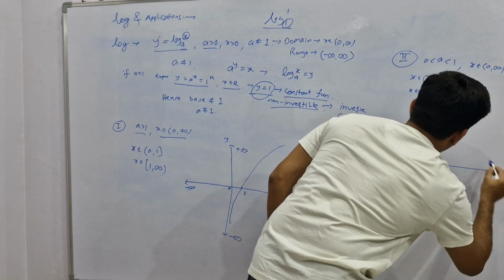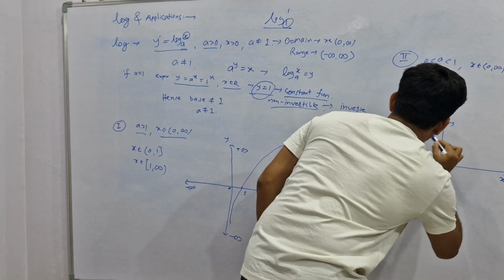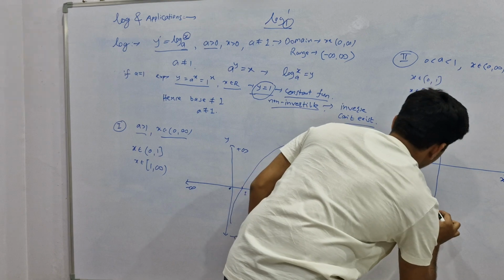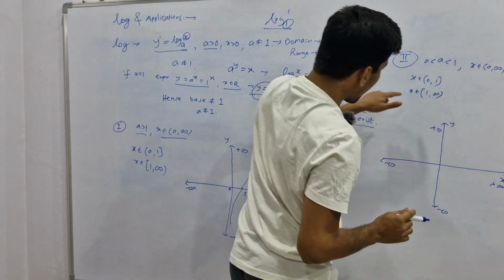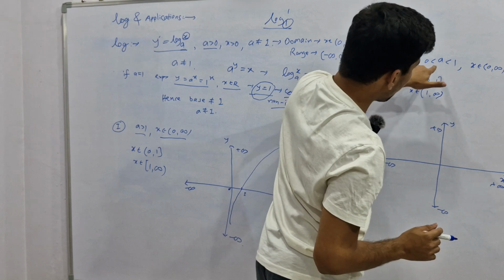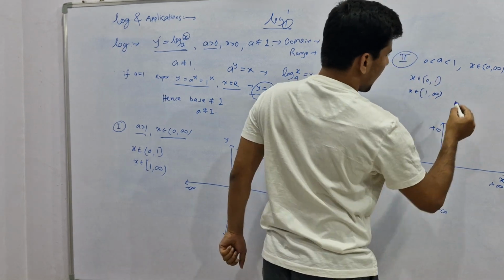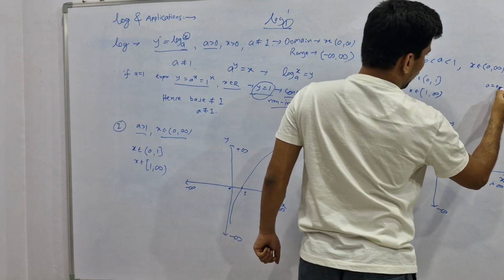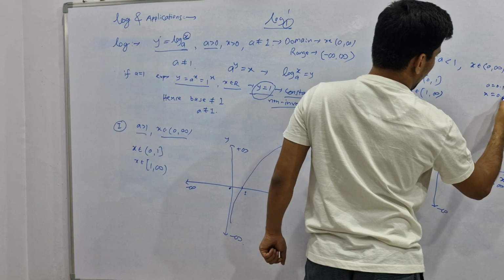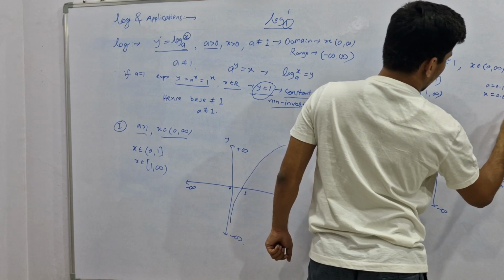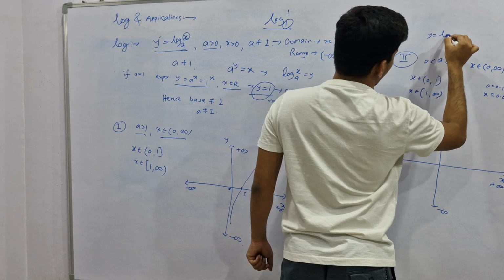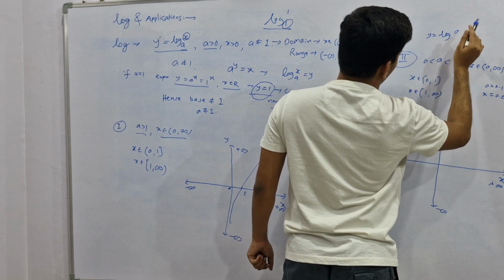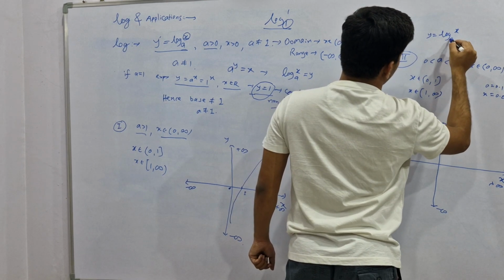This is x, this is y, this is positive infinity, this is negative infinity. For x near 0 and a between 0 and 1, let's say a is 0.1 and x is 0.000001, and our function is y is equal to log x to the base a.